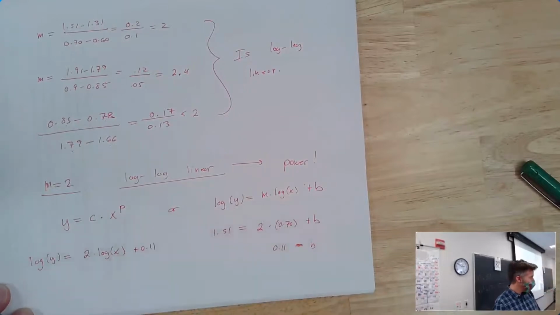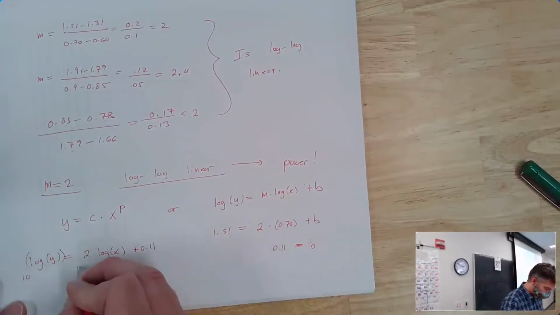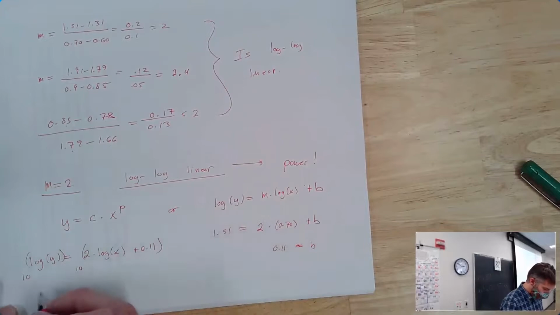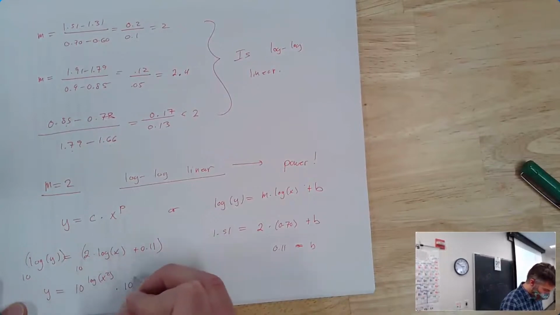If they asked us for the power function it came from, we would do the usual process: 10 to the this equals 10 to the that. Then you get y equal to, I'm going to be smooth here, 10 to the, instead of 2 log of x, log of x squared, times 10 to the 0.11.